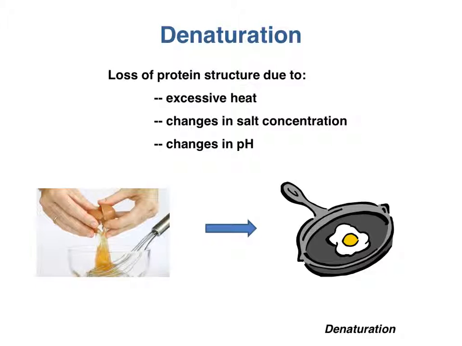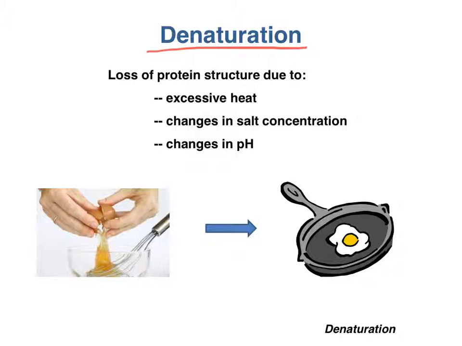And this loss of 3-dimensional shape is called denaturation. And there are a number of ways that it can happen. Excessive heat, too high of a salt concentration, too low of a pH, or sometimes too high of a pH. These can all interfere with protein structure.